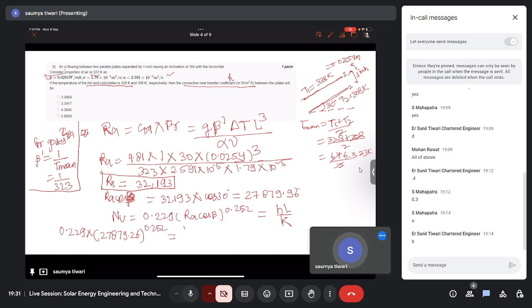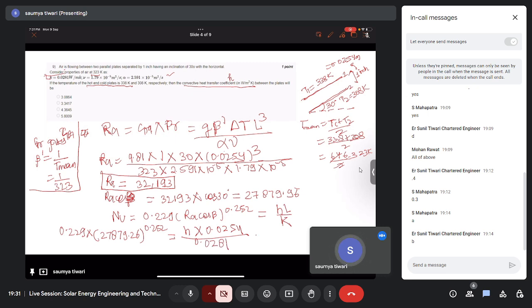h is the unknown that we need to calculate. L is your length, so it's in inches, converted to meters it will be 0.0254, right? And the k value is also given in the question, which is 0.0281.